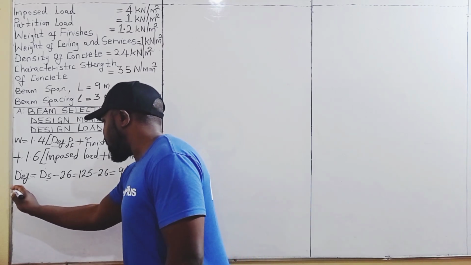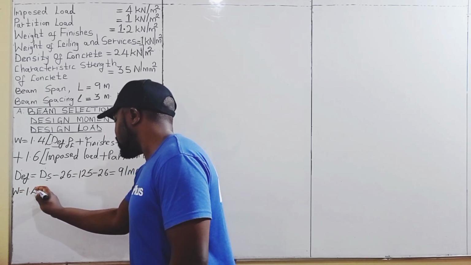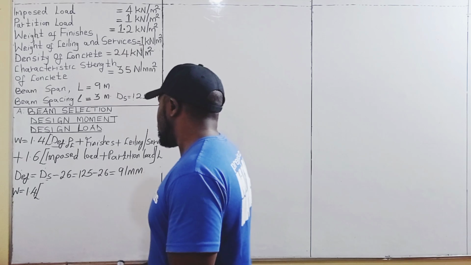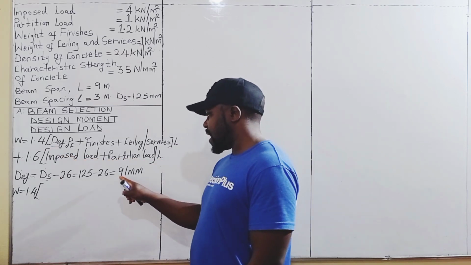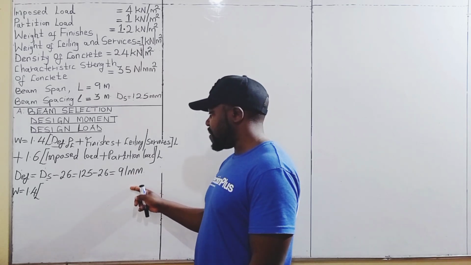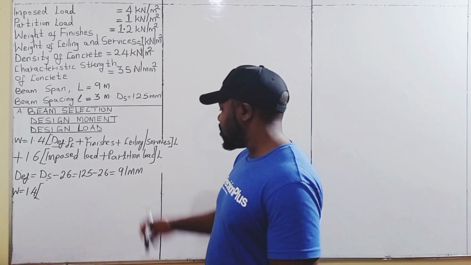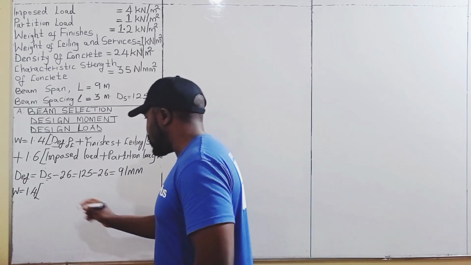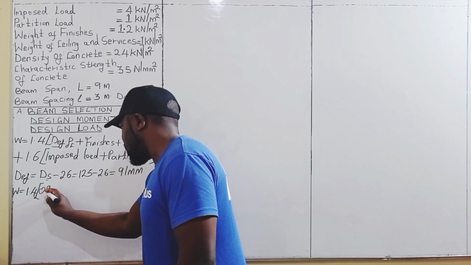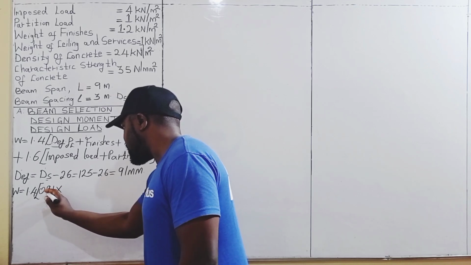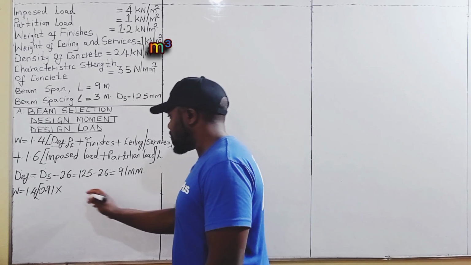Therefore, the design load W will be equal to 1.4 into the effective thickness of the slab, which will be 91 divided by 1,000. We convert millimeters to meters. 1 meter is equivalent to 1,000 millimeters. Therefore, this is going to be equal to 0.091 meters. So 0.091 multiplied by the density of concrete, 24 kilonewtons per cubic meter.